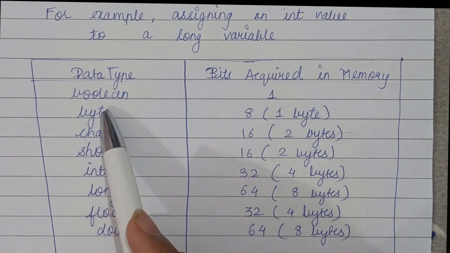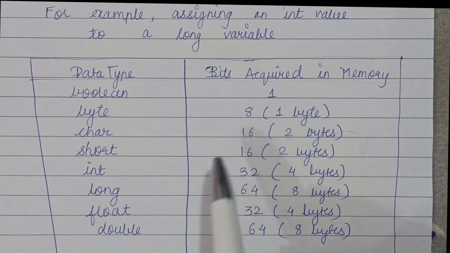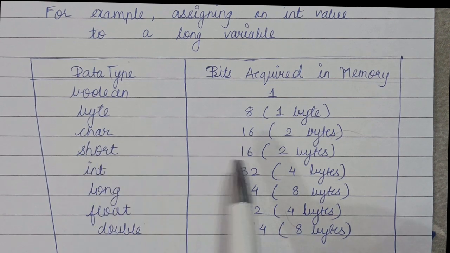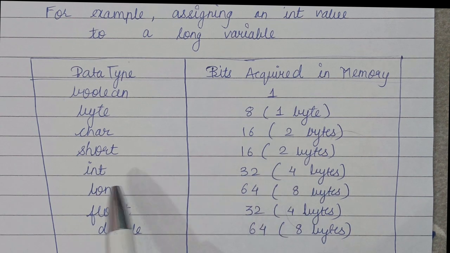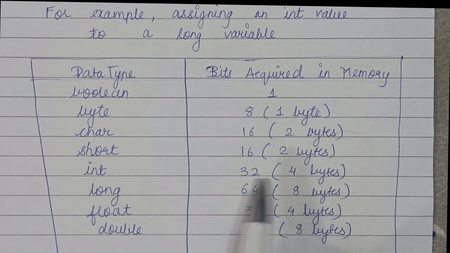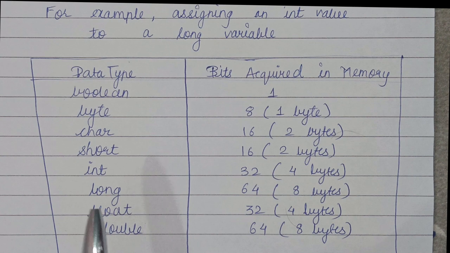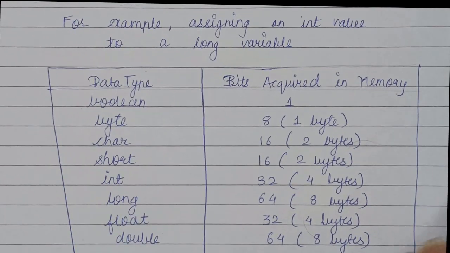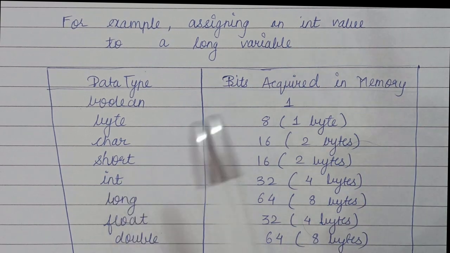So boolean is created with 1 byte, byte is 1 byte, then character is 2 bytes, short is 2 bytes, int is 4 bytes, long is 8 bytes, float is 4 bytes, and double is 8 bytes. So these are the memory acquired in the system by the data types.